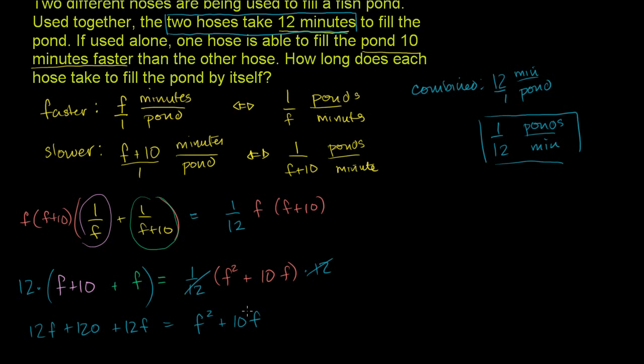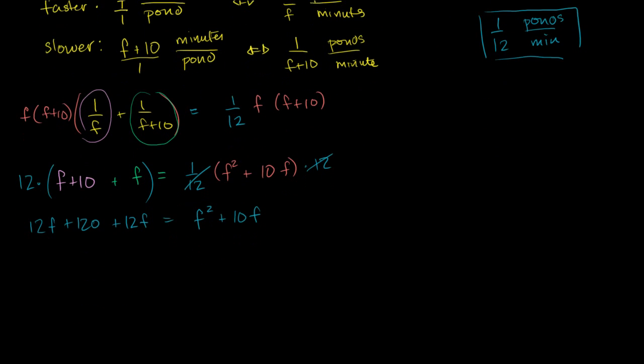We just have to get it into a form that we know how to manipulate. Before that, we can simplify it. We have a 12f and a 12f, so this becomes 24f plus 120 is equal to f squared plus 10f. And then let's get all of this stuff off the left-hand side and onto the right-hand side.